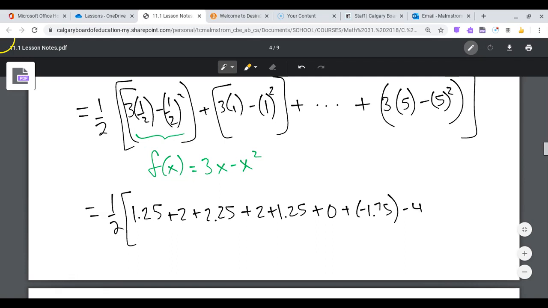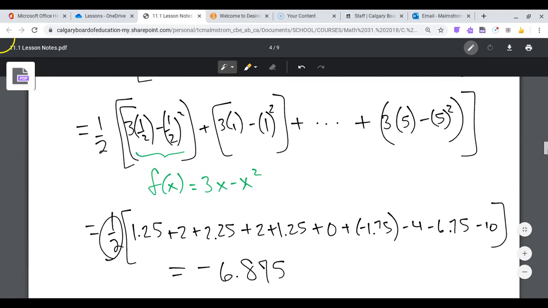Then I have a minus 4, minus 6.75. This is adding negatives, and a minus 10. And this is equal to negative 6.875 after you multiply by that half in the front. Okay, that's the answer to the sum of the 10 rectangles, and it's not an area, it's just what the integral would be equal to.